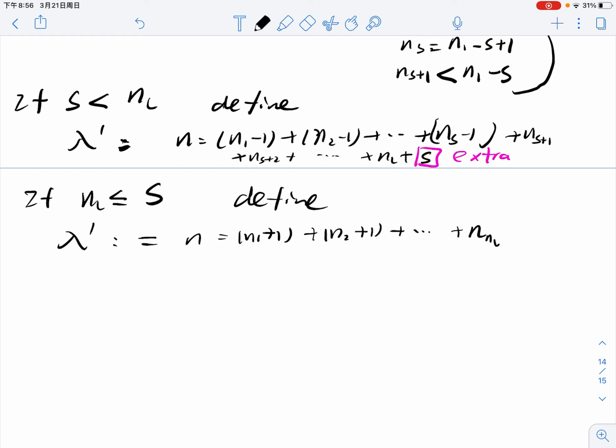So l plus 1, and then nl plus 1 and so on, until the one before the last one, so there will be nl minus 1 and plus, yes, this will be the last one.